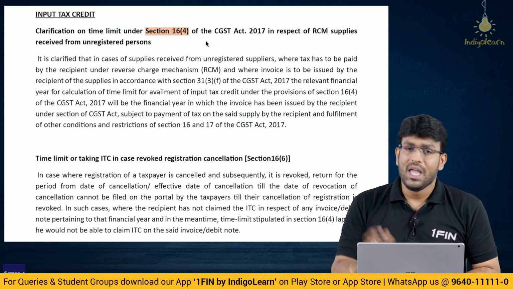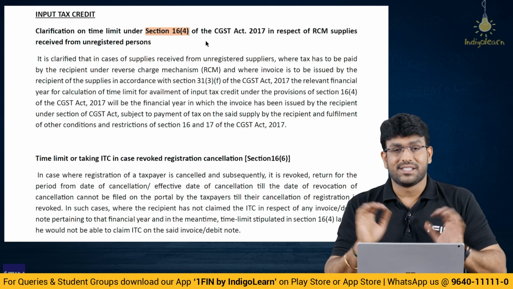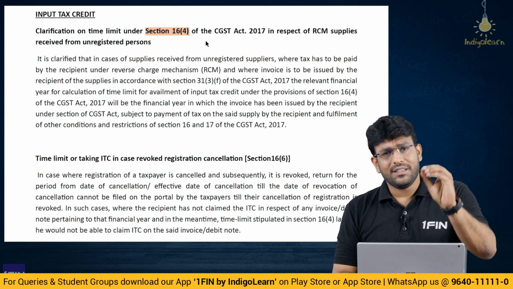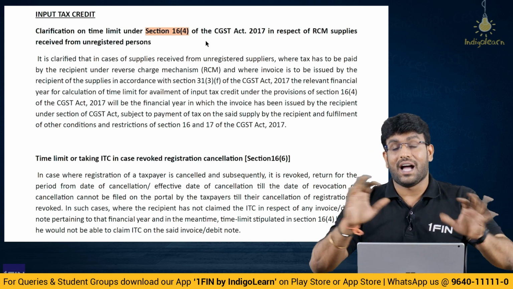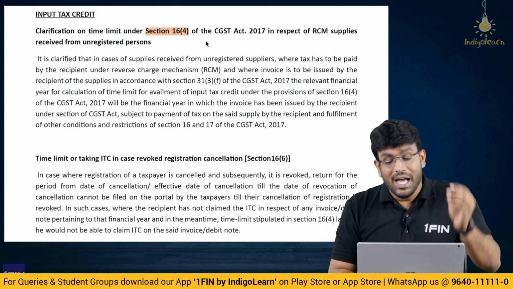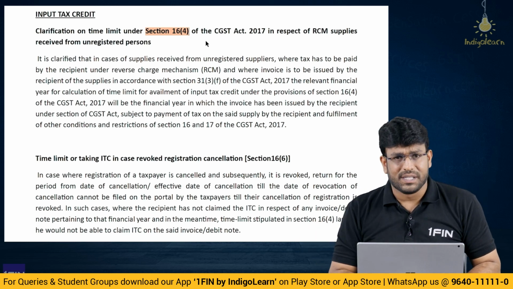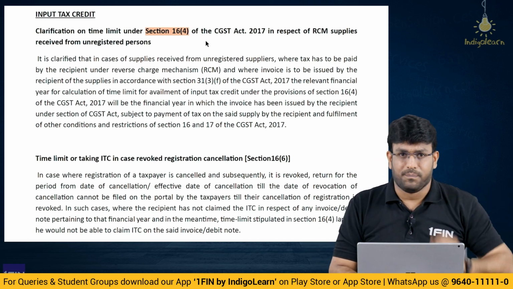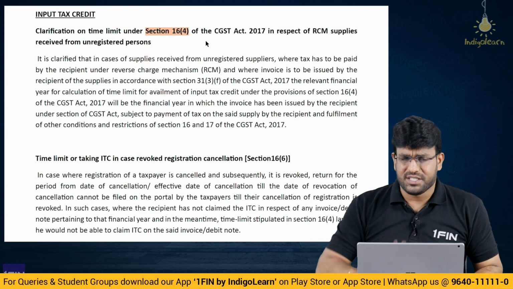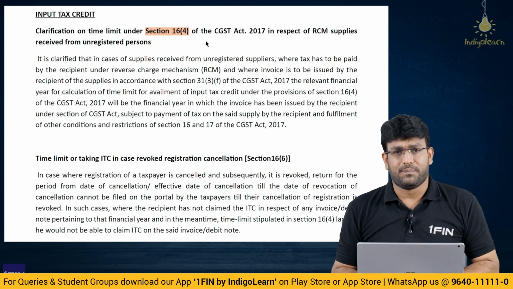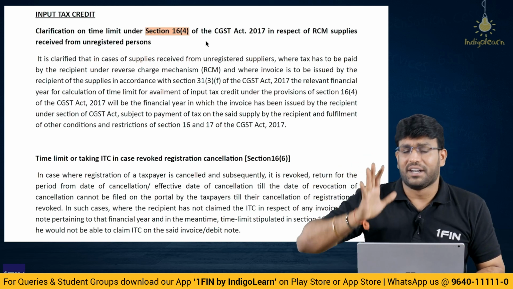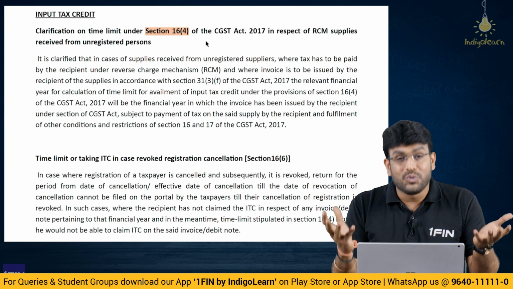Now let me talk about a special point. Assume for a second, there is a transaction which is covered under RCM. That means which is covered under the reverse charge mechanism. And the supplier is an unregistered person, the recipient is a registered person. If the supplier is an unregistered person, the recipient is a registered person, and the transaction is covered under RCM, then who is required to issue the invoice?